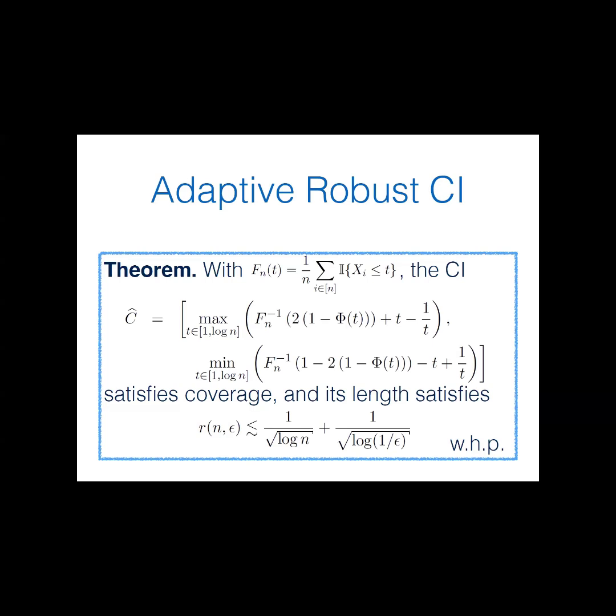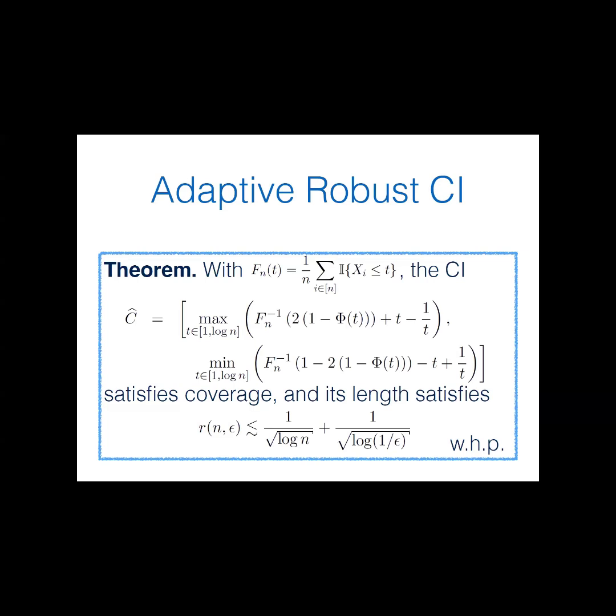Exactly. If we have even worse, then the log n may not be the lower bound, and we have an even smaller lower bound. So the question is, the construction seems to depend on the Gaussian assumption because here we have the Gaussian CDF, right? So what if we do not have the Gaussian assumption? I will address that in later slides. That's a very good question. Any other question?